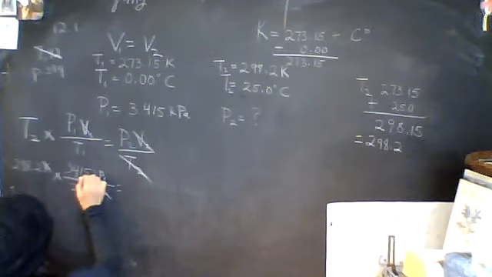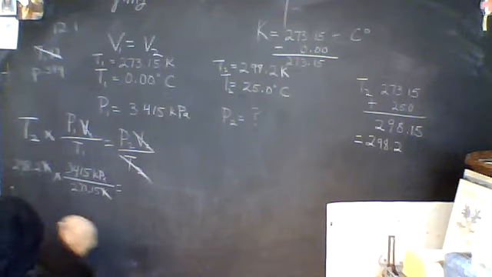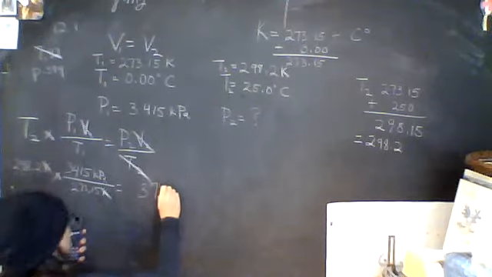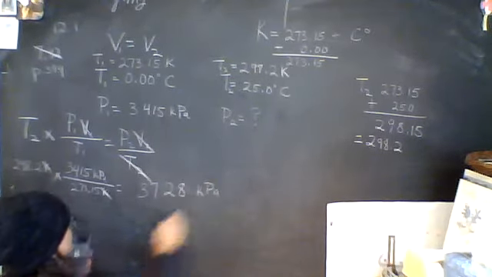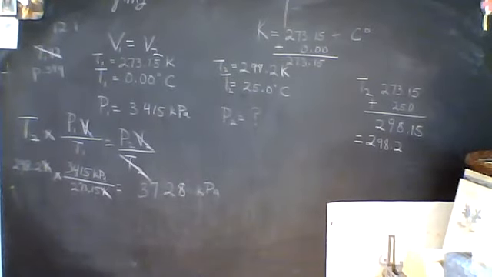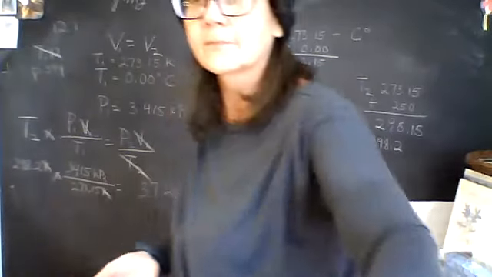I want to have 4 significant digits in my answer: 3728. Does that look right to you? Did the math correctly? Yeah. It's a lot of kilopascals. Okay, and that's it for number 12.1.